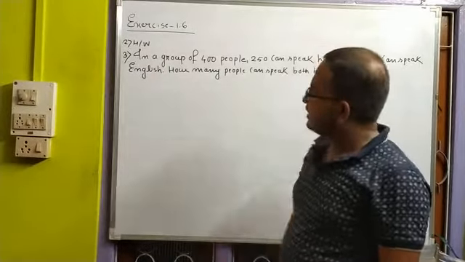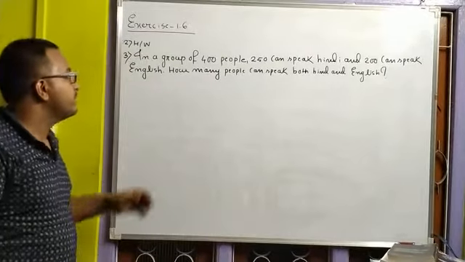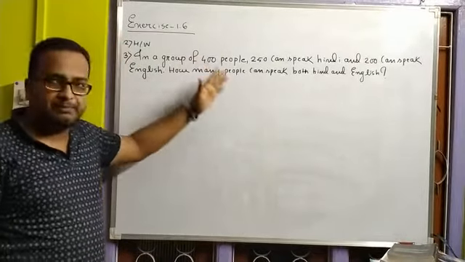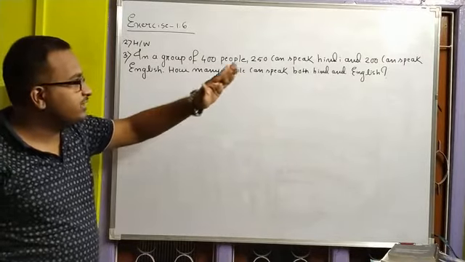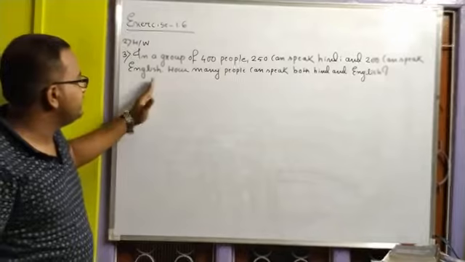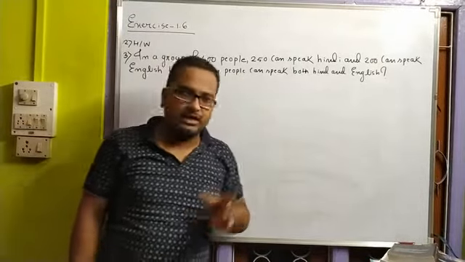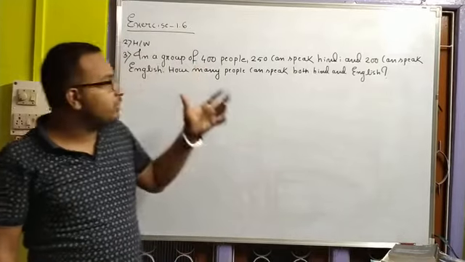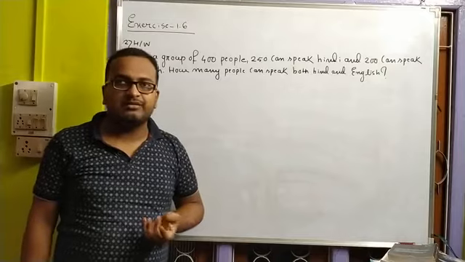Now this is the third question of your exercise 1.6, and let's see what the question is. In a group of 400 people, 250 can speak Hindi and 200 can speak English. How many people can speak both Hindi and English? Okay. So first of all, to solve this type of problem, you have to define the sets, right?